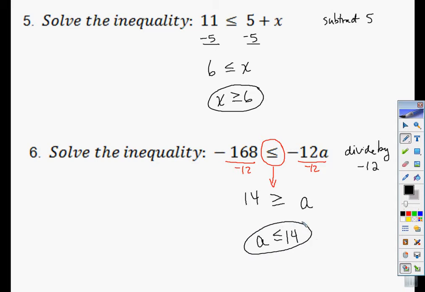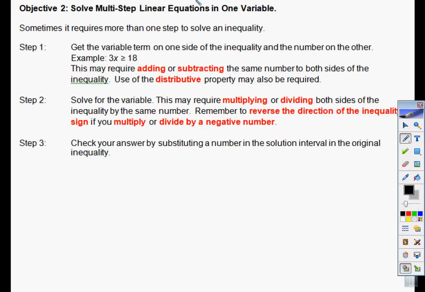On to objective 2, we're going to solve multi-step linear inequalities. And we're going to use those inverse operations again to get the variable term on one side of the inequality sign. Remember, we do this by adding, subtracting, and we can use the distributive property as well.